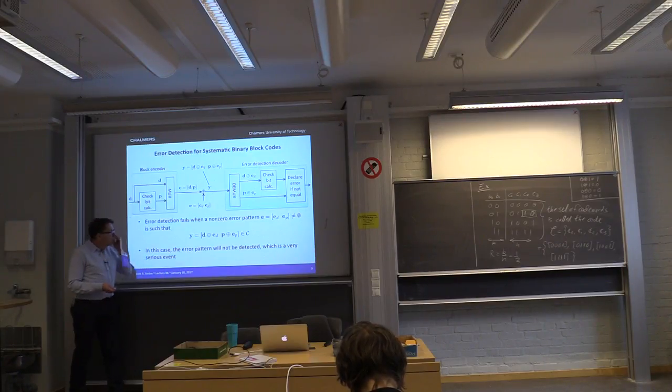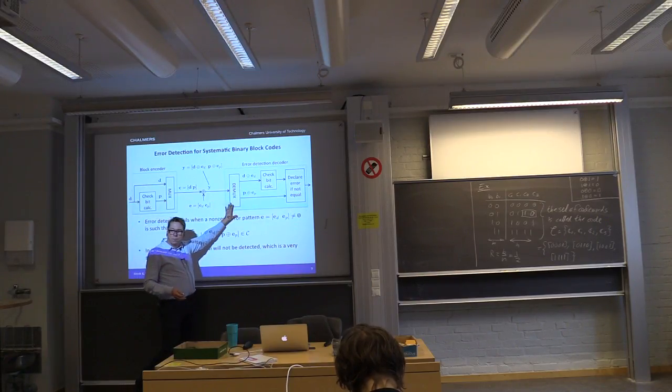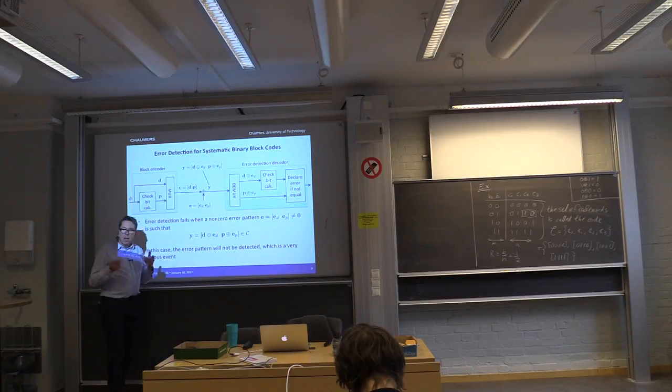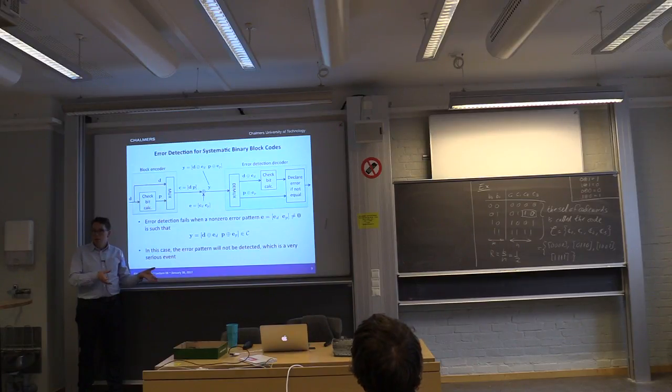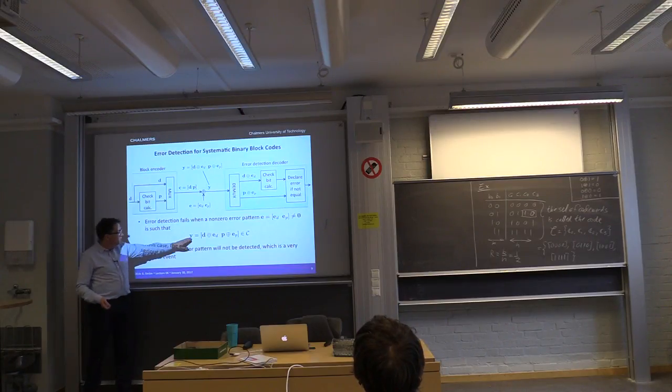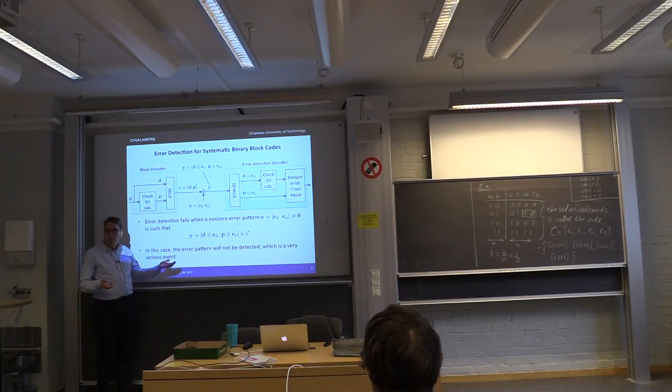Now, we can make an error in this. The error detection could be wrong. It can accept a pattern Y, which is not equal to the transmitted code word. It can do that when the received word is a code word, but not the same code word as was transmitted.